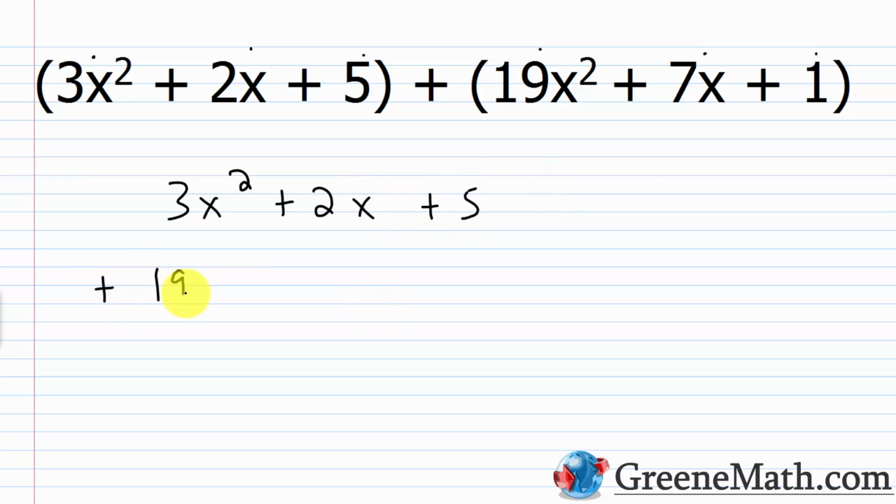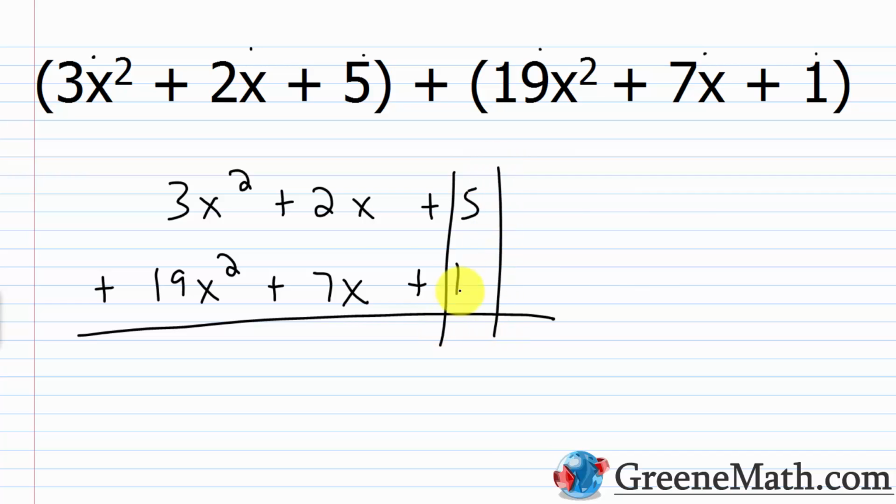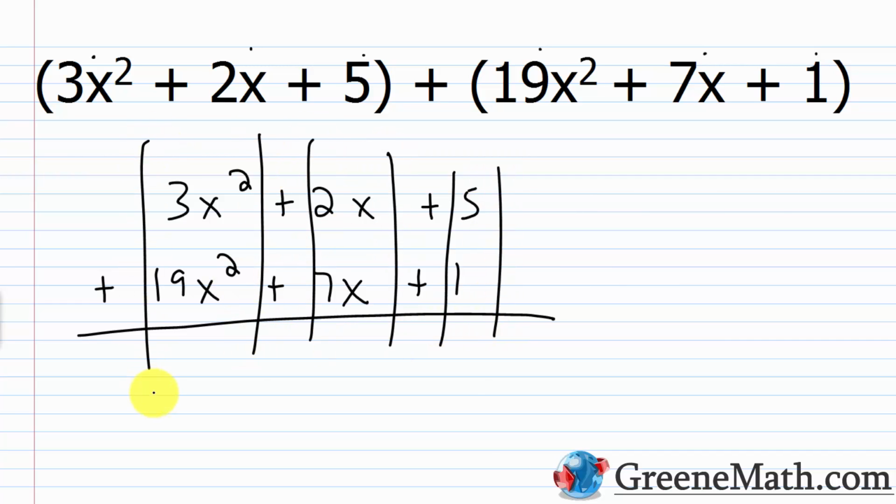So we'll put plus 19x squared plus 7x and then plus 1. So I'm just going to add in these columns here. If I go straight down, 5 plus 1 is 6, 2x plus 7x is 9x, and 3x squared plus 19x squared is 22x squared. So either way you want to do it, you get the same answer.